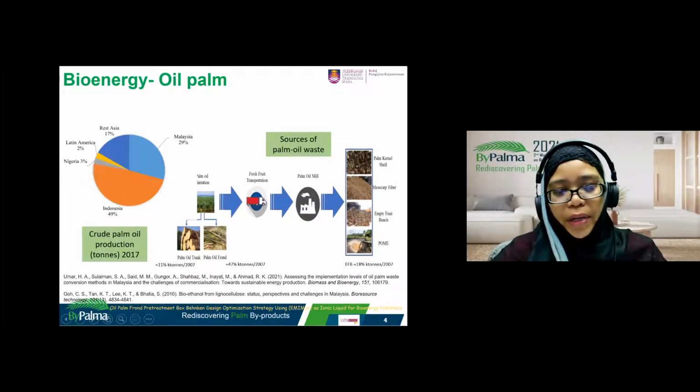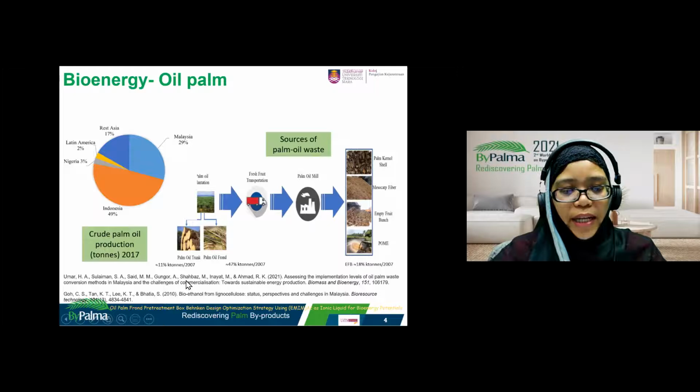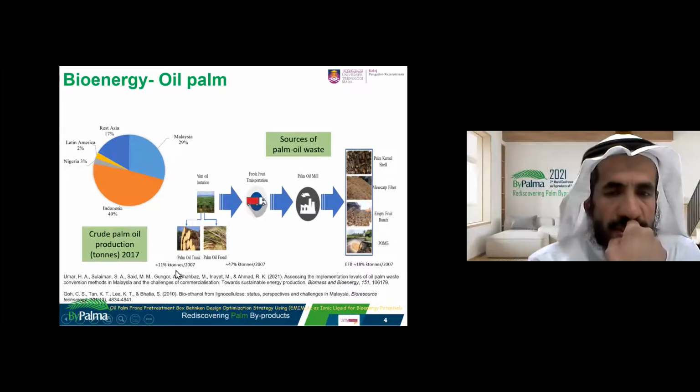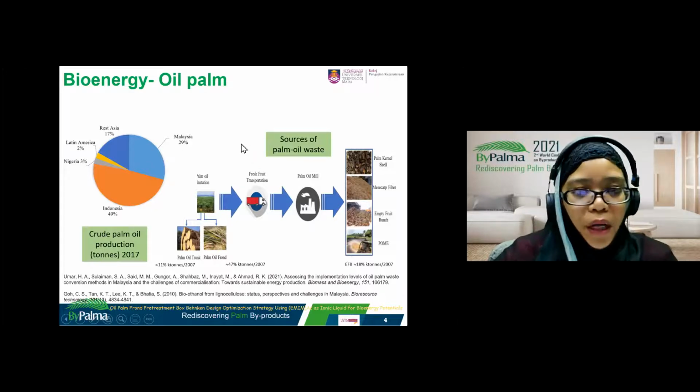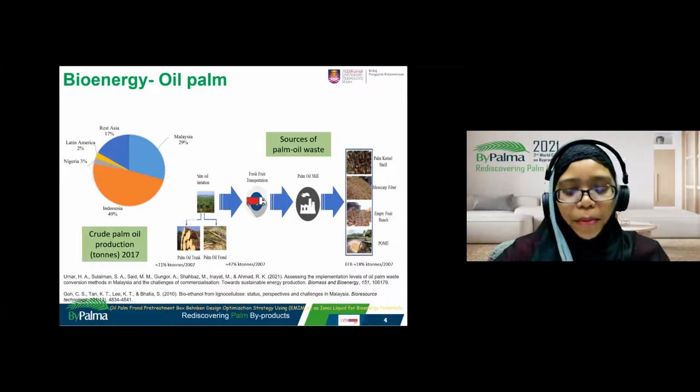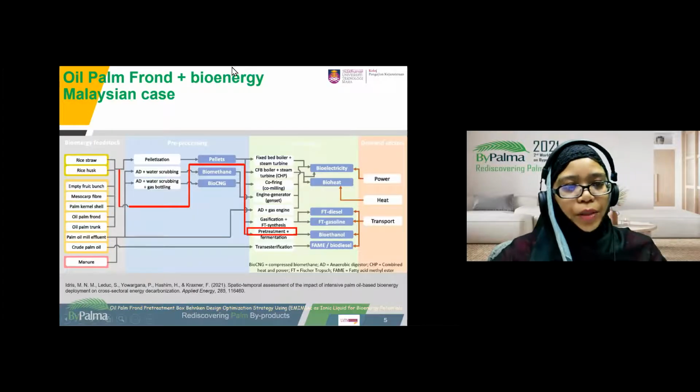Next would be the EFB, empty fruit bunch, 18%. And lastly, 11% of kilotons in 2007. So this shows that the palm resources have high potential of producing bioenergy.